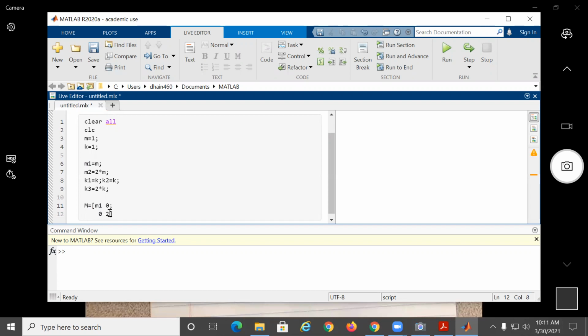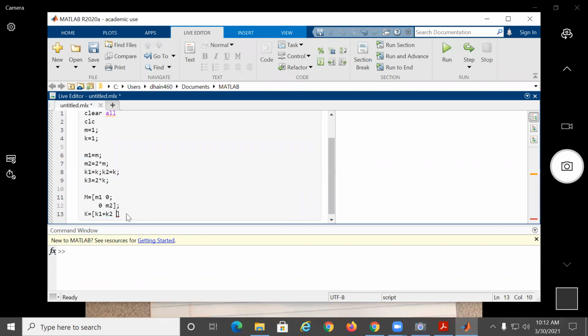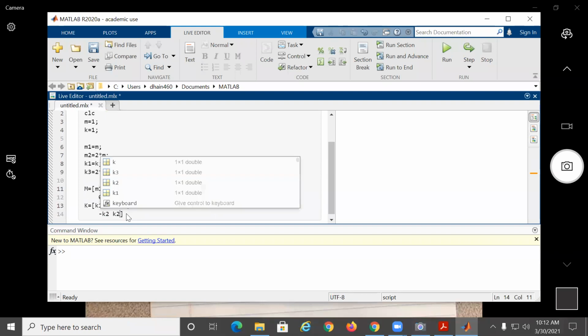Or we can just put actually the values, M2. Just this. And then we have the matrix K. That will be equal to what? So we just put the general K1 plus K2. This one will be minus K2. This one should be minus K2. And this one should be K2 plus K3.